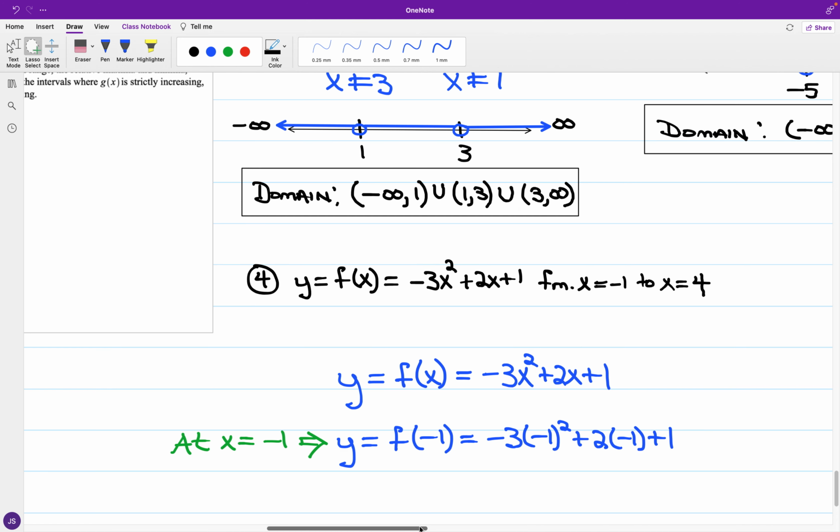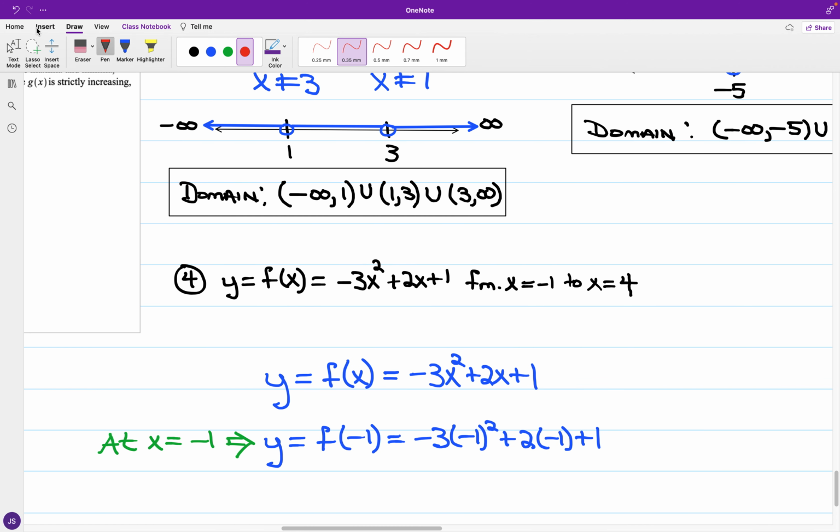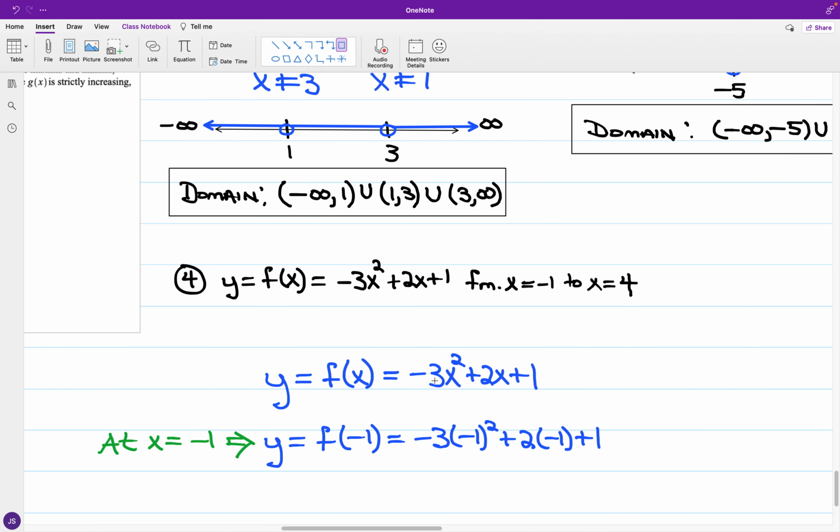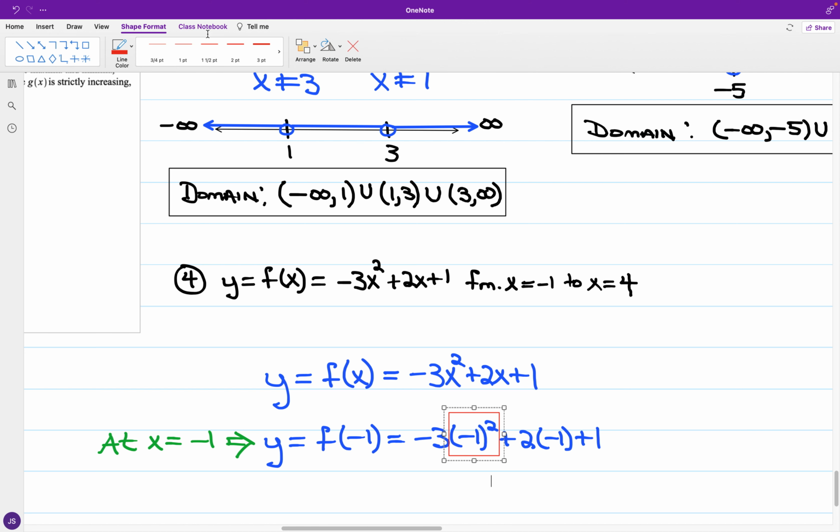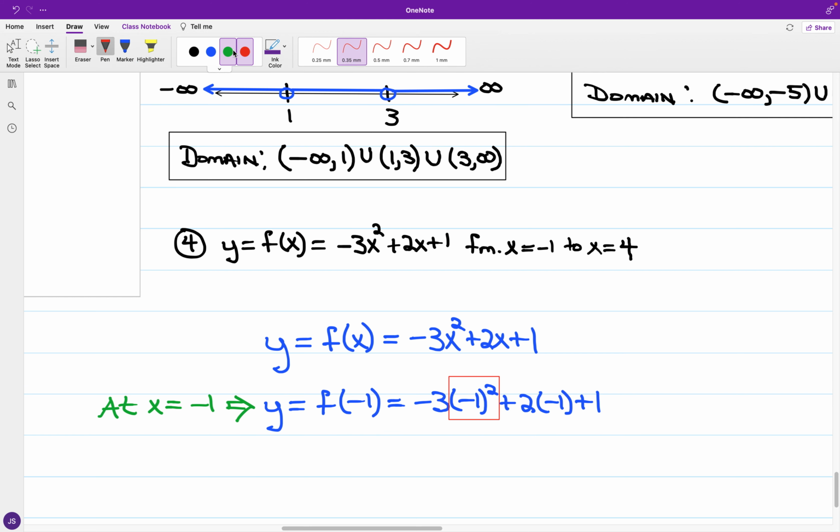Just for following through, the square of a negative is going to be a positive. So you have negative 3 times 1.